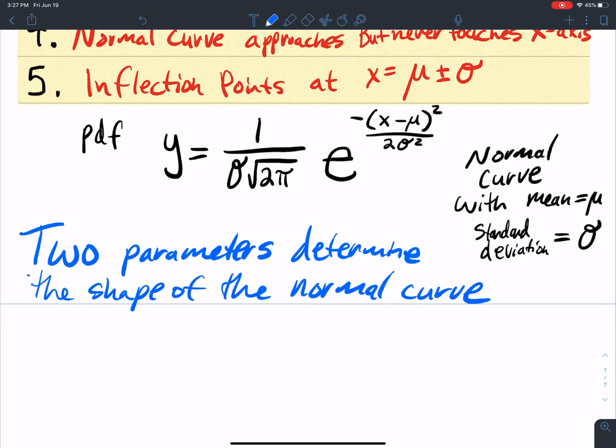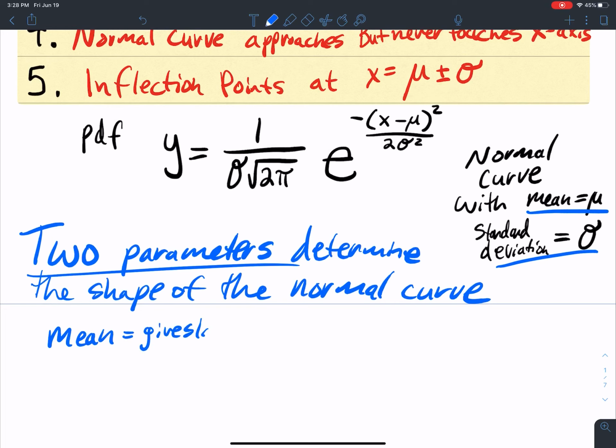There are only 2 parameters. Those parameters are the mean and the standard deviation. The mean gives the location of the line of symmetry. The mean mu gives the location.